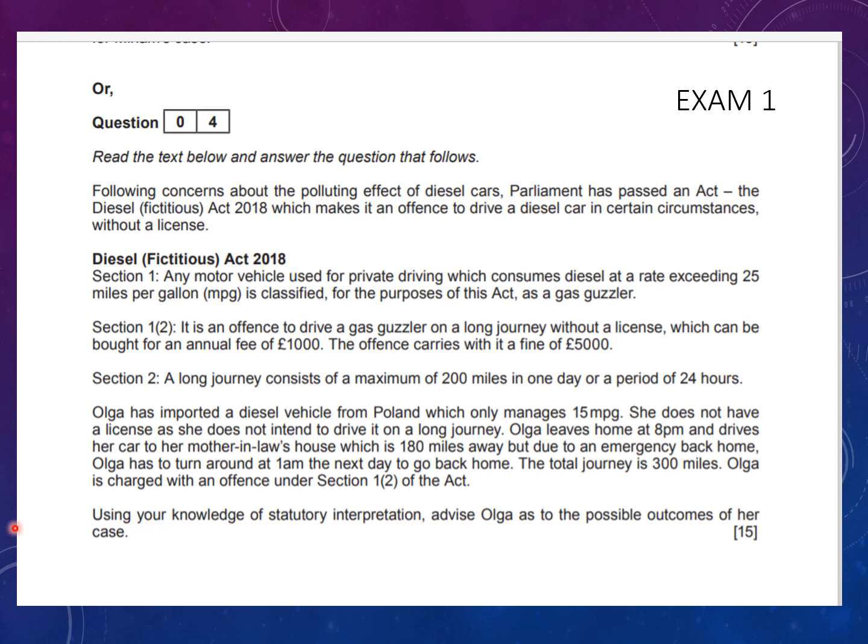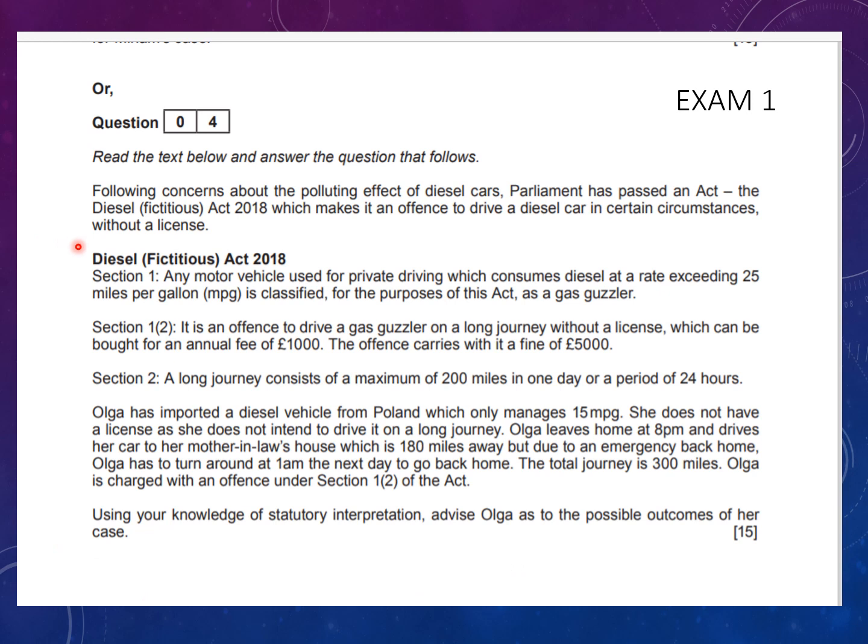This particular scenario, again, is just from a past paper. You can see here that this question is about statutory interpretation, because you're being asked to use your knowledge of statutory interpretation to advise Olga.